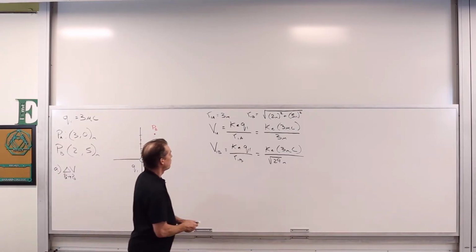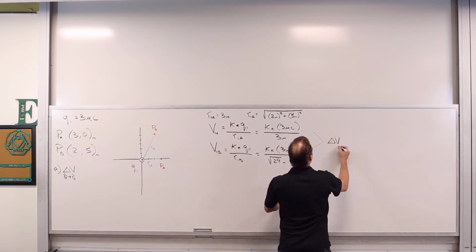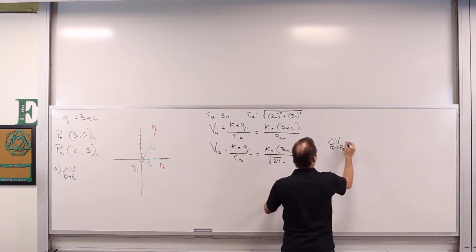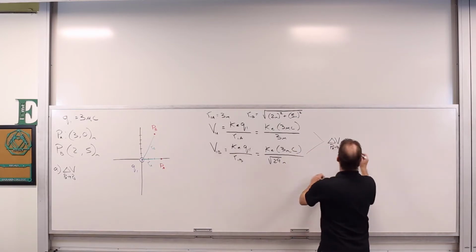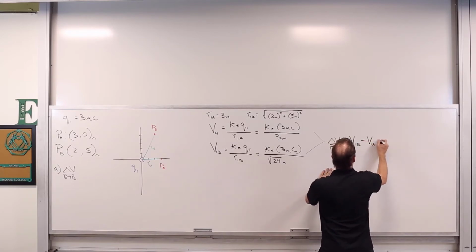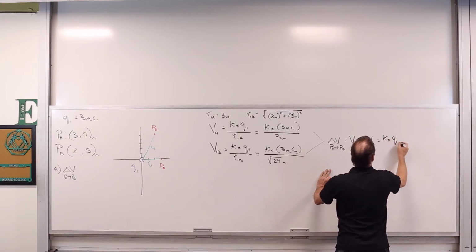All right, so what do we get out of this? Delta V from point A to point B is going to be equal to B minus A. V1B minus V1A, which is going to be equal to k_e times Q1.